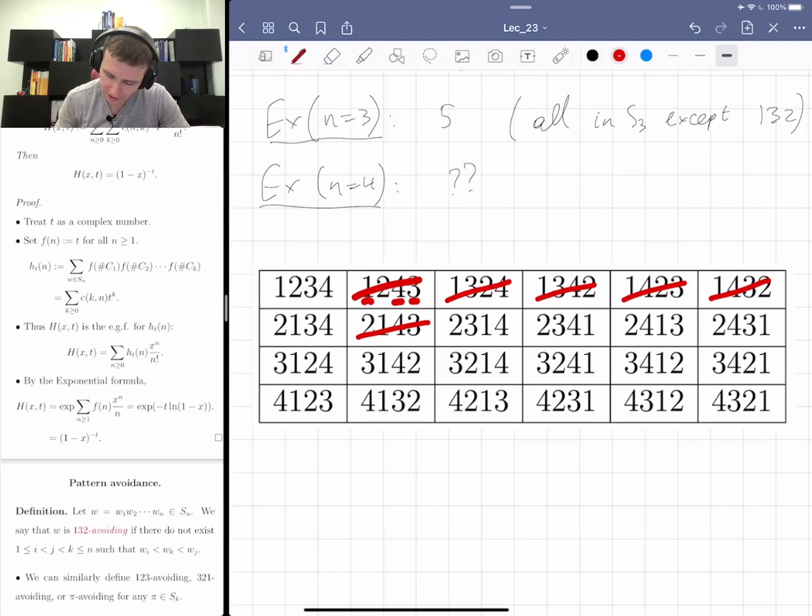this is getting harder. 1, 4, 2. 1, 3, 2. Any more? There should be a few more.